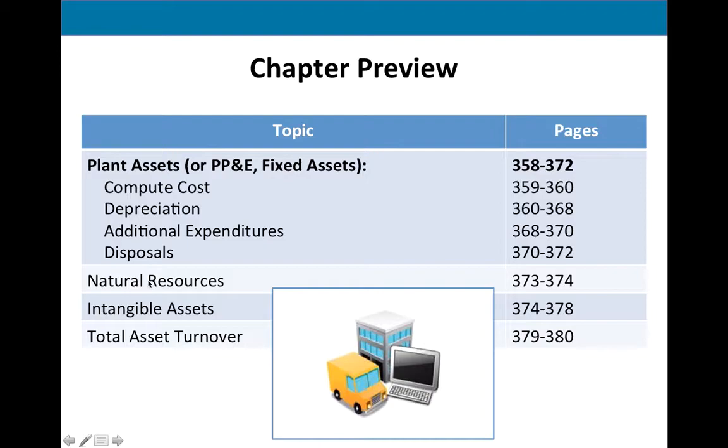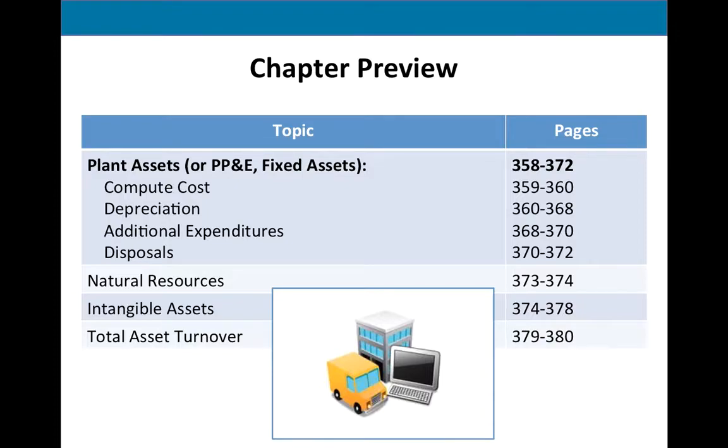The second group is the natural resources. And again, if you think about oil fields or iron ore mines, for some businesses, this would be an important group. So I will very briefly describe natural resources. And the last group is a very large one, intangible assets, intangible long-term assets, such as copyrights and patents and leases and franchising rights.